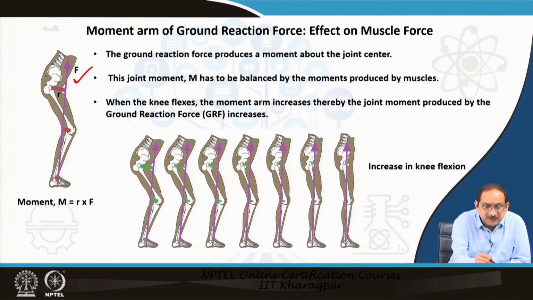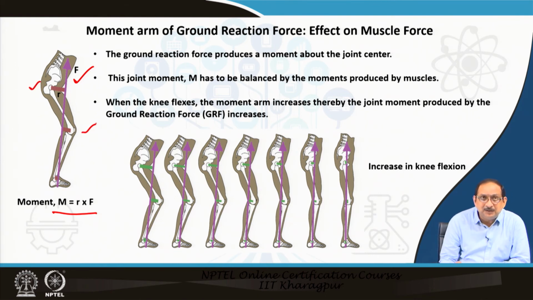Here the direction of the ground reaction force is indicated by F, and the moments of this ground reaction force about, say, the hip joint or the knee joint can be calculated as a cross product of the moment arm and the ground reaction force vector.